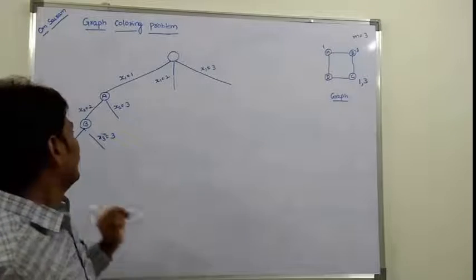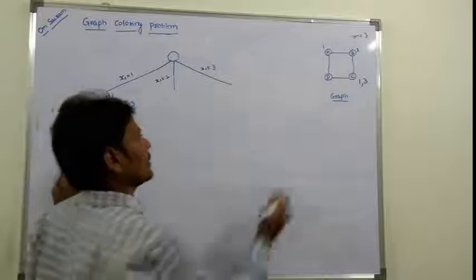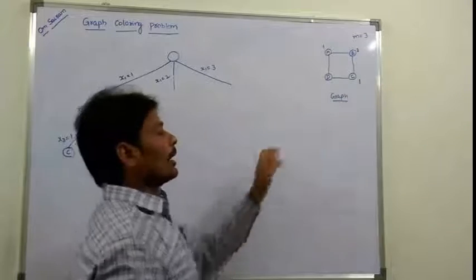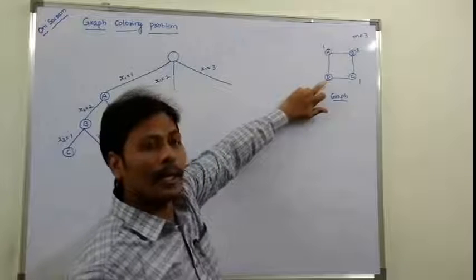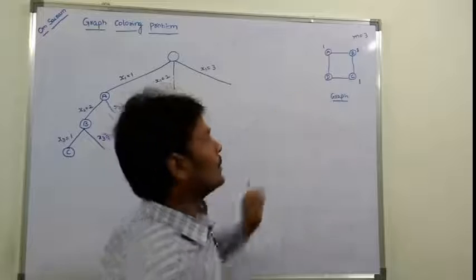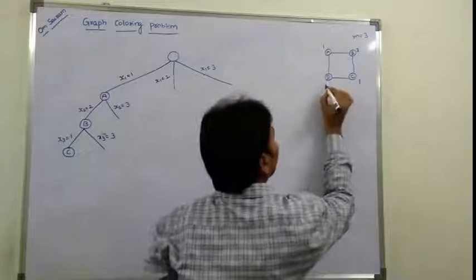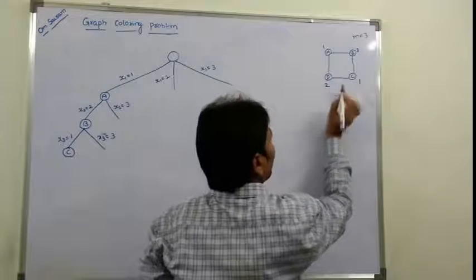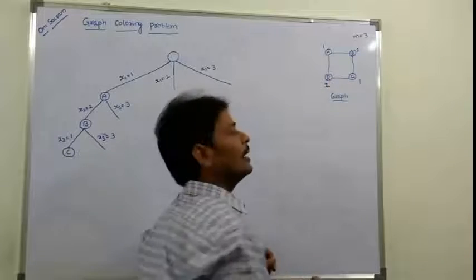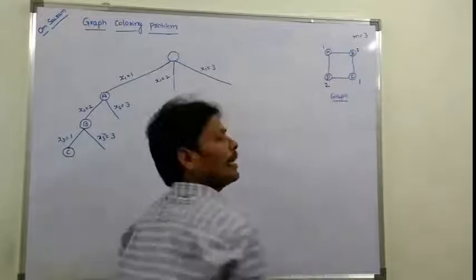Next, suppose for vertex C we are using the first color. Then what are the possible colors for vertex D? Vertex D is filled with the second color, because B and D are not adjacent, so we are using the same color.